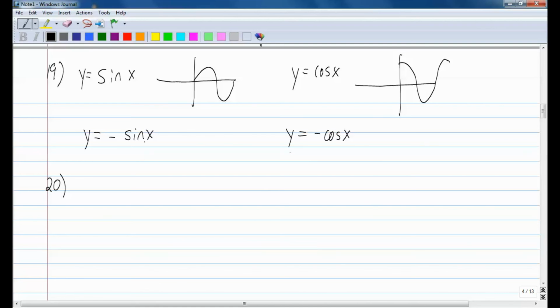Well, the main thing is that we can figure out the period for each one of these. The amplitude is the same on all four graphs. Here's my four equations.